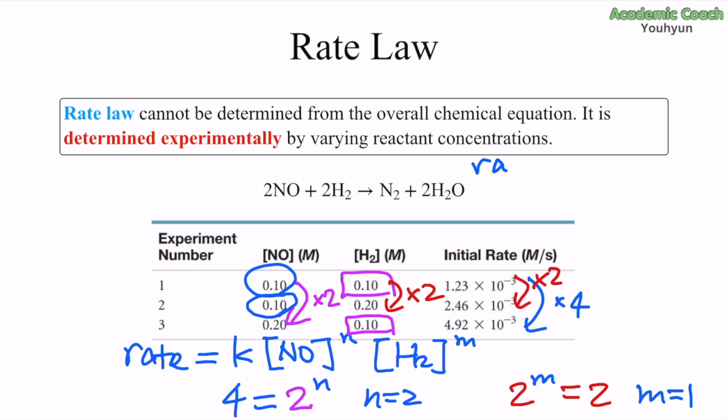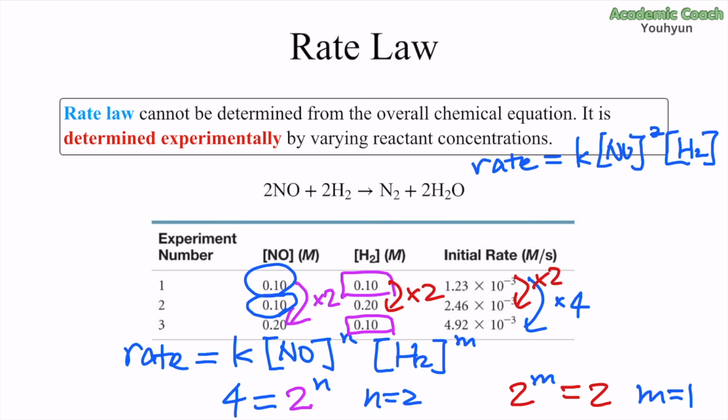So eventually I can write the rate law as rate is equal to rate constant K multiplied by concentration of NO to the power of 2 times concentration of H2 to the power of 1. And I can also try to find K, the rate constant here, by plugging in the numbers for concentration of NO, concentration of H2, and initial rate.